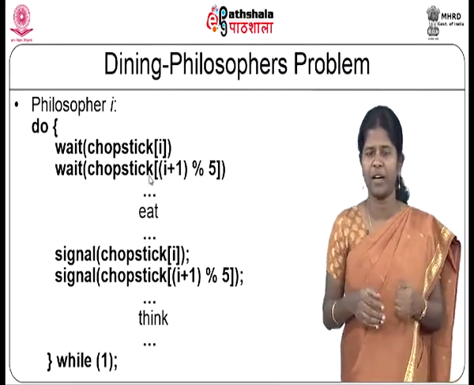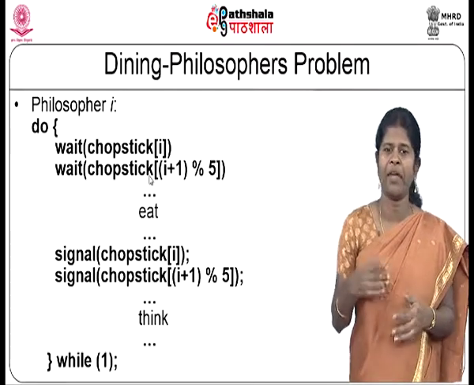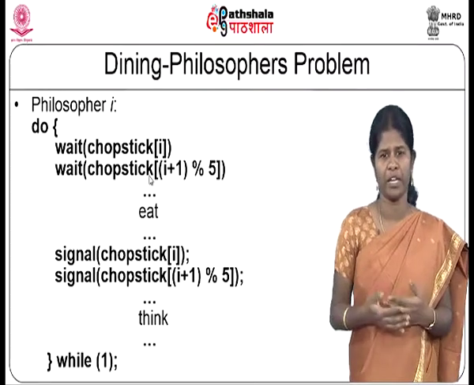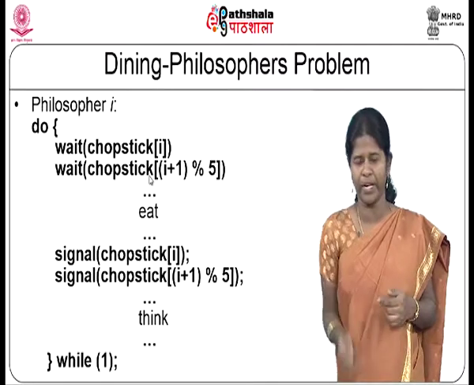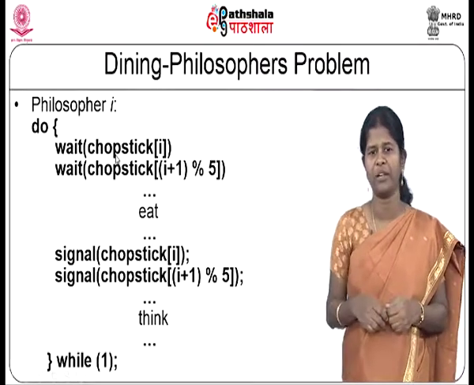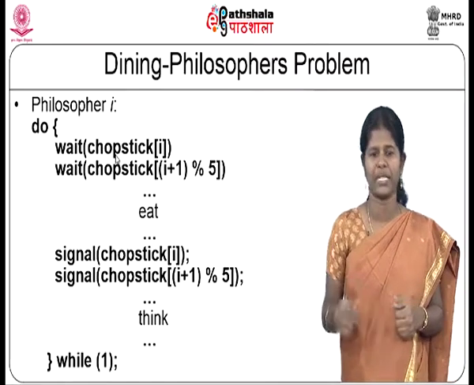So he will first wait on the leftmost chopstick and then on the rightmost chopstick, dine, and then signal the left and the right. But the problem here is that this can lead to a deadlock. Say every philosopher tries to eat at the same time.